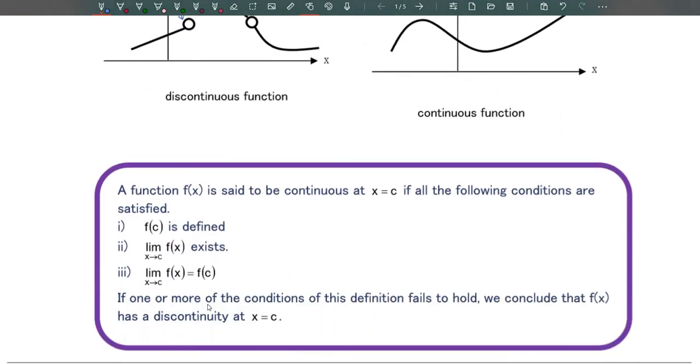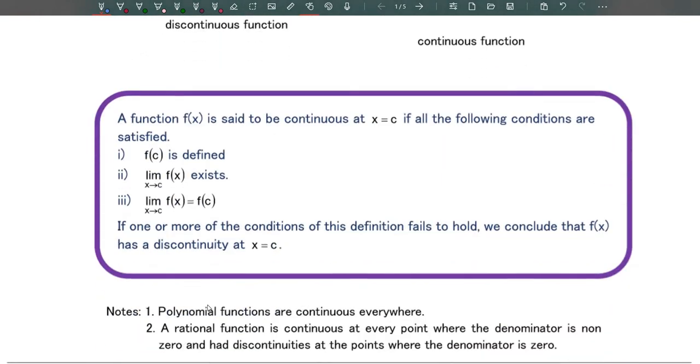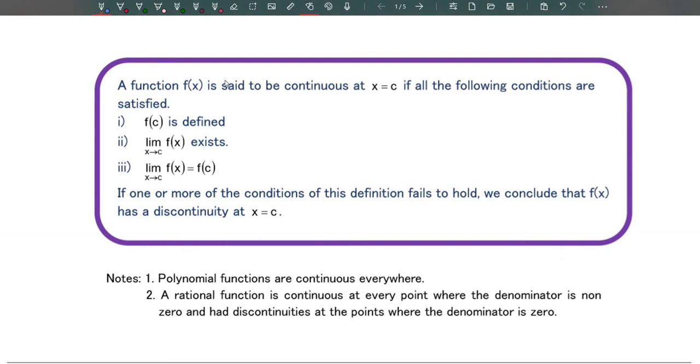Next, this is important. A function f(x) is said to be continuous at the point x equal to c if all the following conditions are satisfied. The first one, f(c) is defined, that means there is a value at that point.